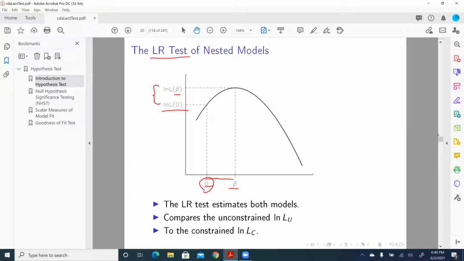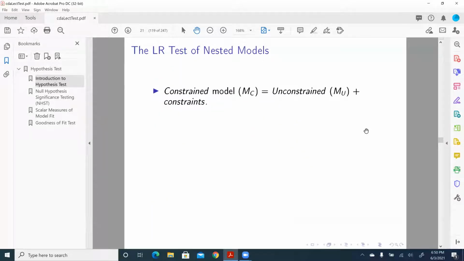The LR test estimates both models and compares the unconstrained log likelihood to the constrained log likelihood. Later we will see that we multiply that difference by 2, and it turns into a chi-square statistic, and then we can conduct a chi-square test. That's the general idea of the LR test, or log likelihood ratio test.